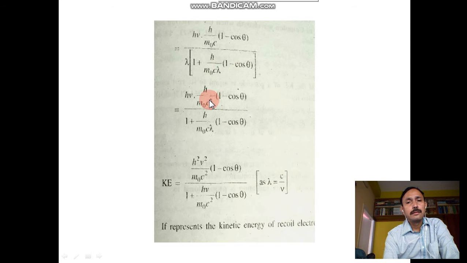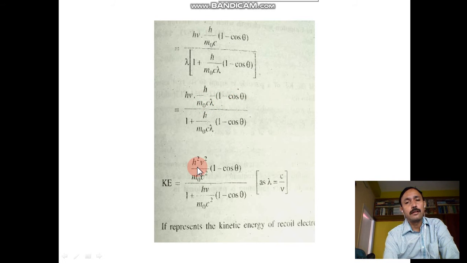So this becomes h square. Lambda means c by nu, so this nu moves to the numerator. So this becomes h square nu square by m0c into c, which is m0 c square, 1 minus cos theta.